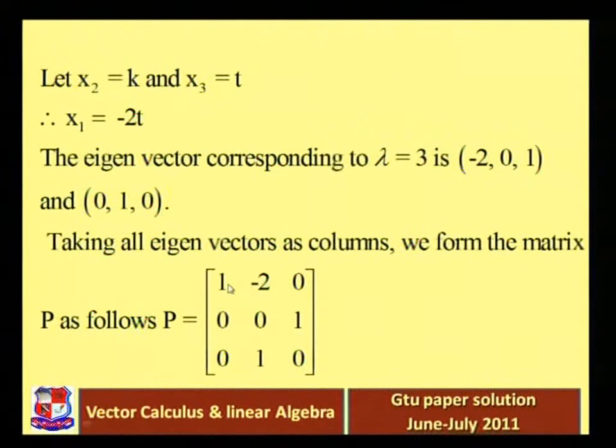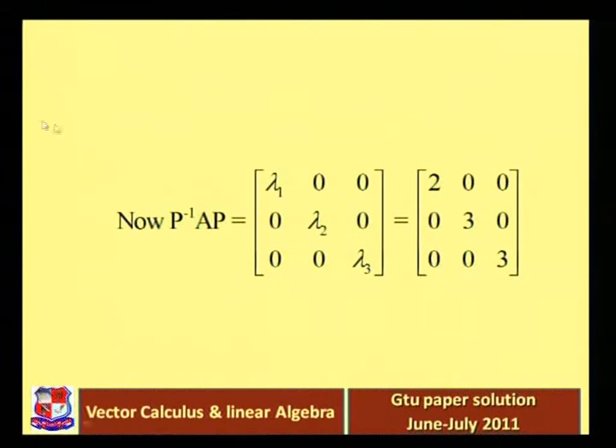That means except the main principal diagonal elements, all the elements are 0. And what are the elements in the main principal diagonal? Exactly the eigenvalues. P inverse AP is nothing but the diagonal matrix, and the main diagonal entries are exactly the eigenvalues, that is lambda 1, lambda 2, lambda 3.